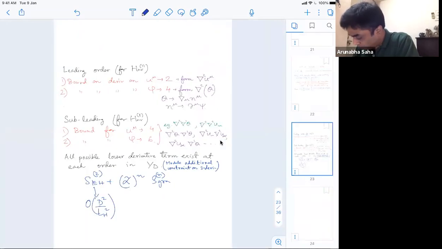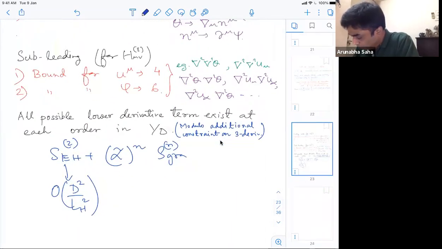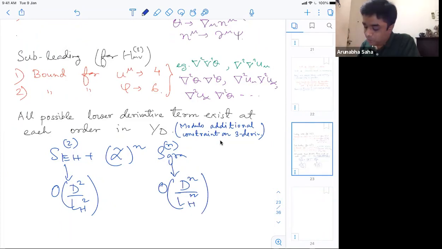But thing is that now you can calculate a similar thing here. So there are order d to the power n by LH to the power n, because there are n derivatives acting on the metric. Again, each derivative brings out a factor of d, and each derivative also comes out with a factor 1 over LH. And I wrote it wrong. Oh, sorry, this should be n minus 2.